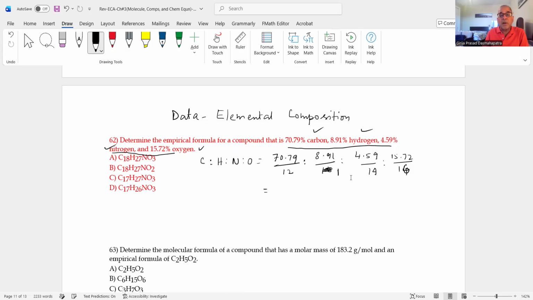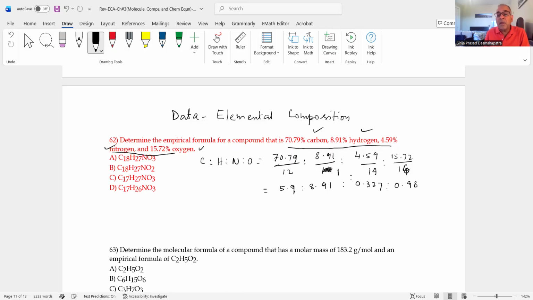This is approximately 5.9. This will be the same, 8.91. 4.59 by 14 is 0.327, and this one is 0.98.